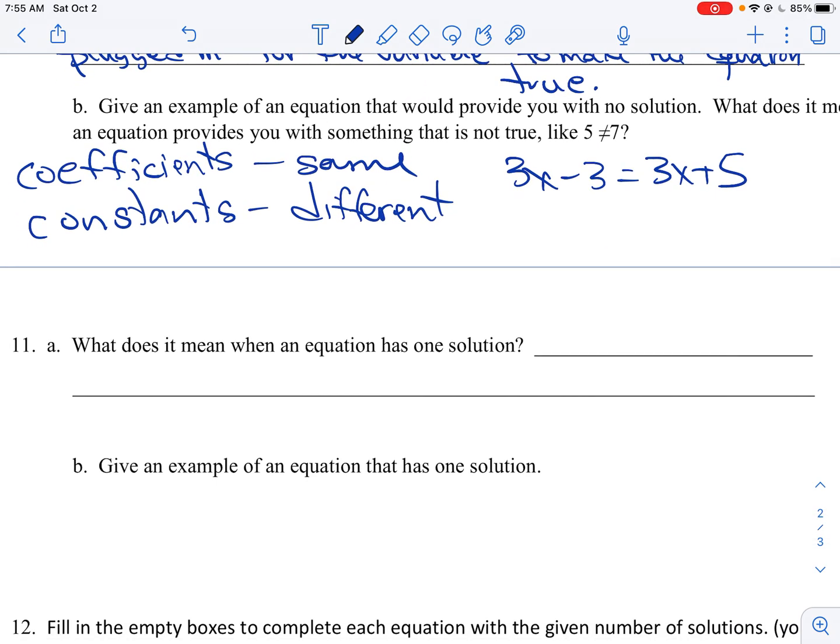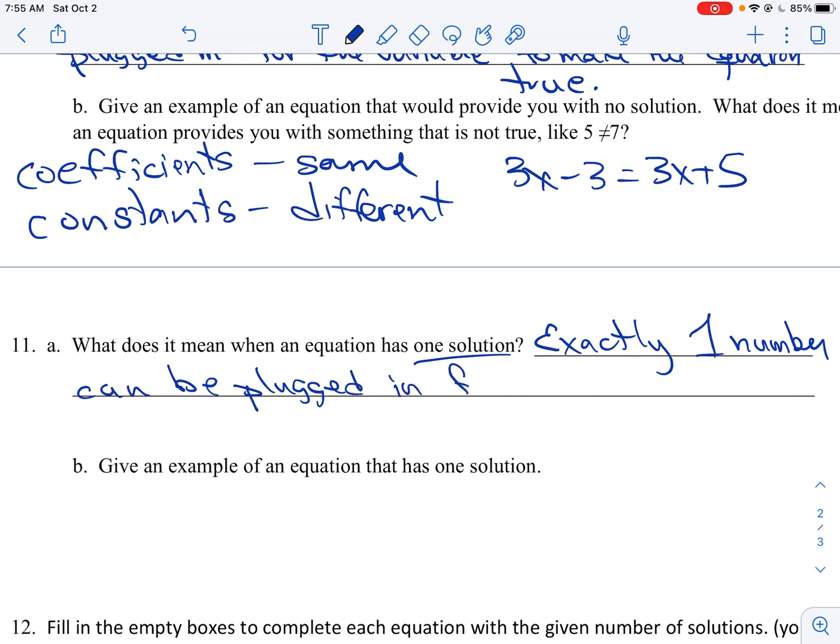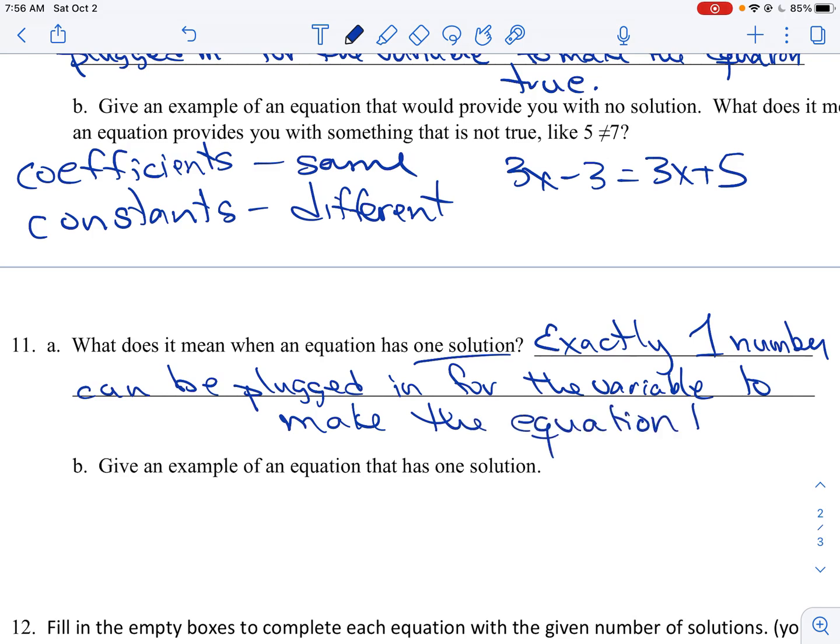Okay, what does this mean for one solution? It means exactly one number can be plugged in for the variable to make the equation true.